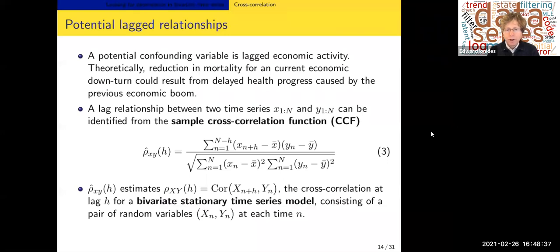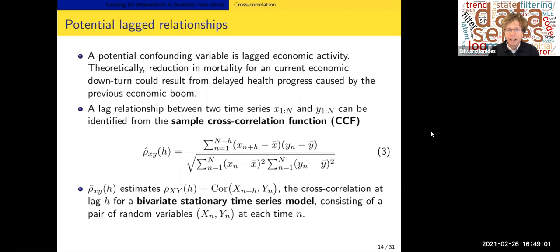Here, I haven't normalized top and bottom by 1 over n. That would cancel out. So the sample cross-correlation function, if you have a bivariate stationary time series model, estimates the theoretical cross-correlation at lag h, which in this case would be rho xy of h, the correlation between x_{n+h} and y_n.